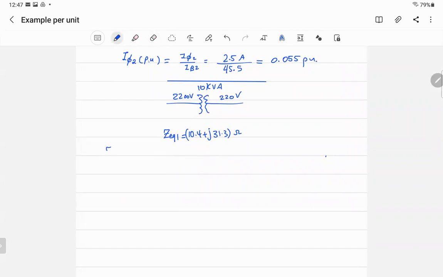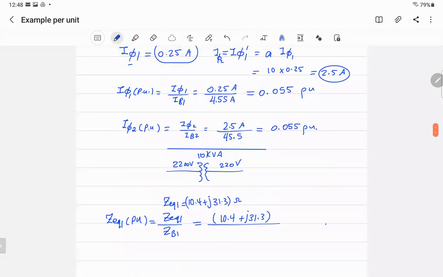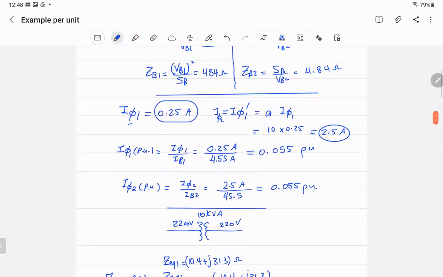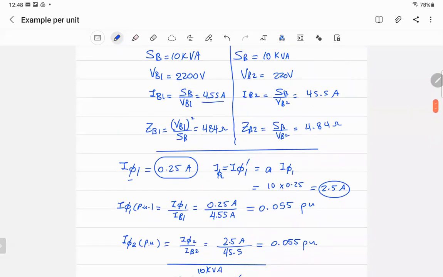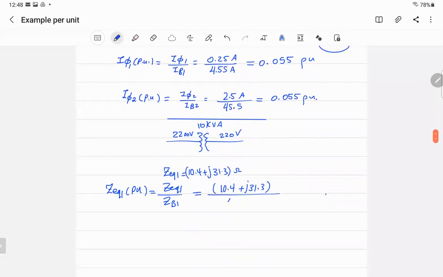Z equivalent 1 per unit is equal to Z equivalent 1 divided by the base 1, because we got two bases and I have to choose the right base. It will be 10.4 + j31.3 ohm divided by the base value, which we got here, 484 ohm.